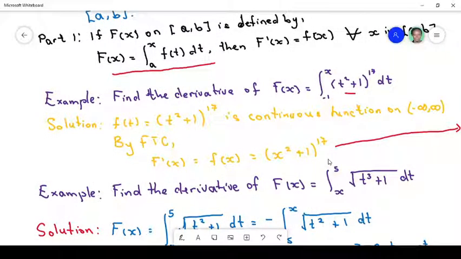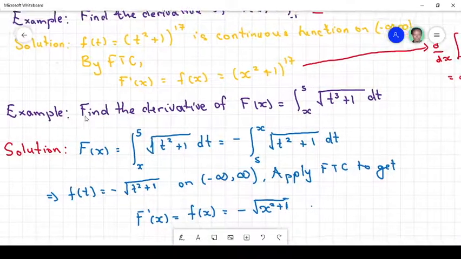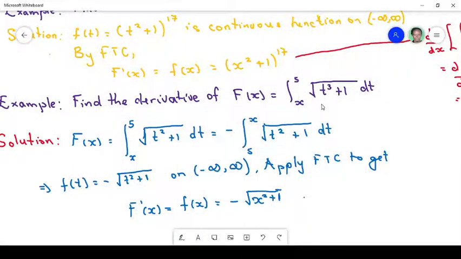So this means that this is equal to this. Now let's look at the second example, where you find the derivative of this with respect to x. Here, this is our f of t.